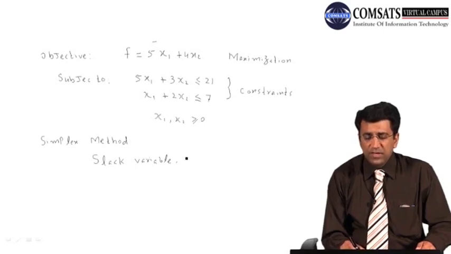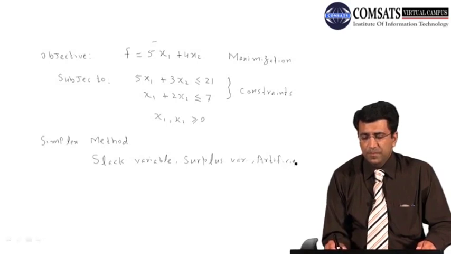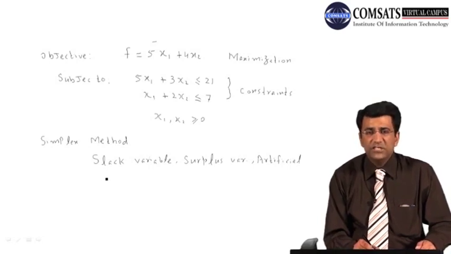The other is known as the surplus variable. And the third is sometimes known as the artificial variable. Now let me briefly tell you what these variables are about.